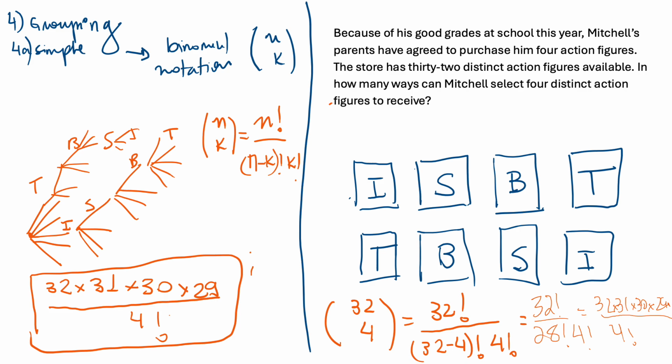In the end, if you work this out, this is 32 factorial over 28 factorial over 4 factorial. And this, using the formula, is exactly the same thing as this, using the reasoning.